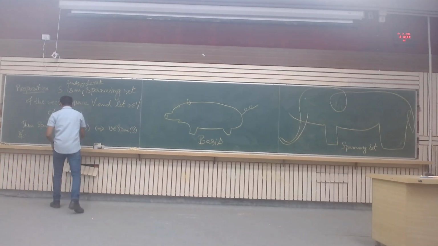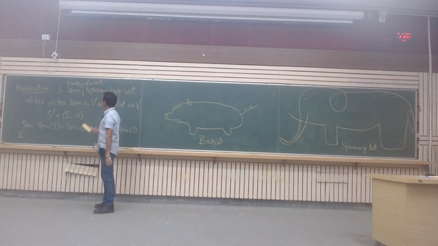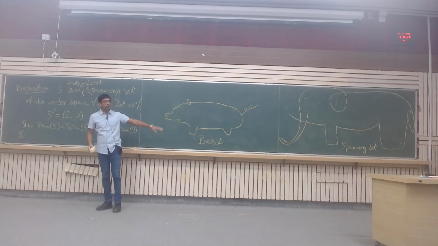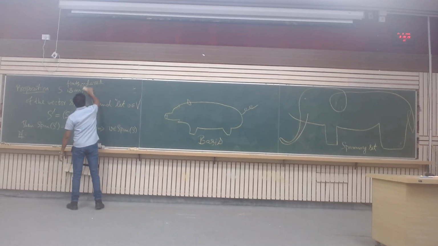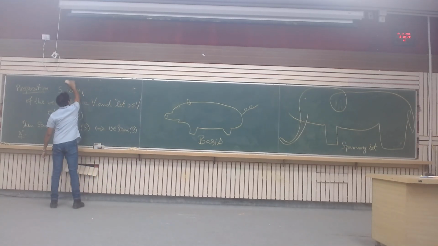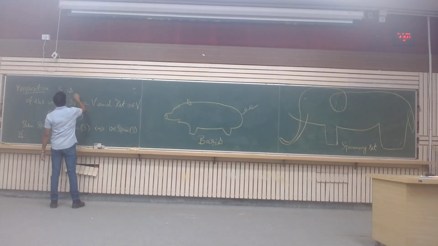Thanks a lot, Sairam. In this one, we should not consider a spanning set yet. This is actually a lemma which will help us reduce the elephant to the pig. But in this particular case, we should not assume this. We just take S to be some finite ordered set.